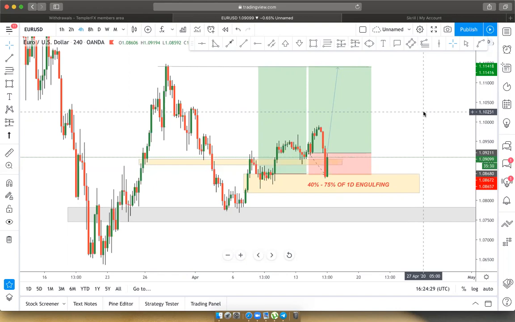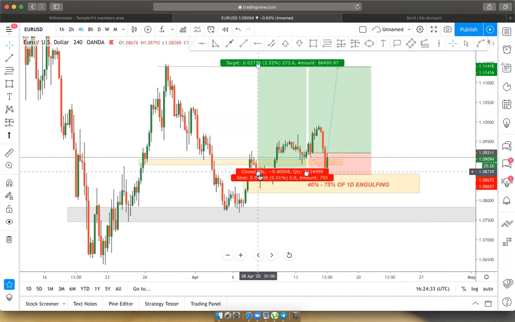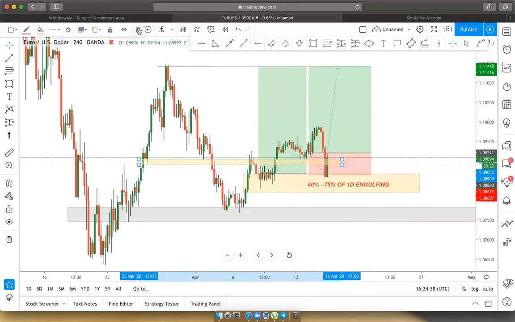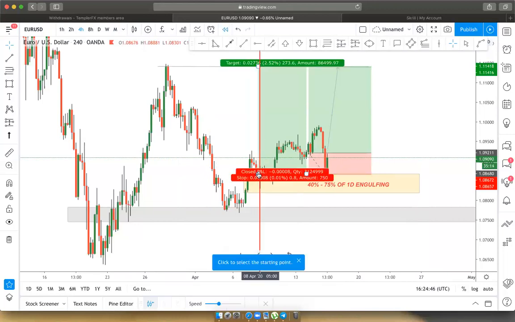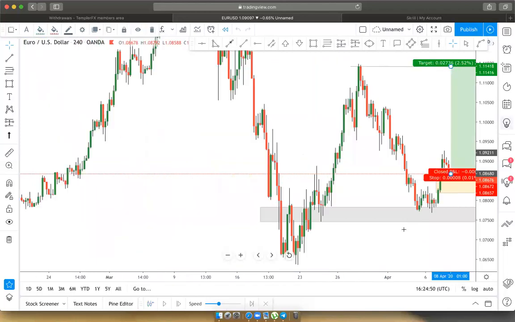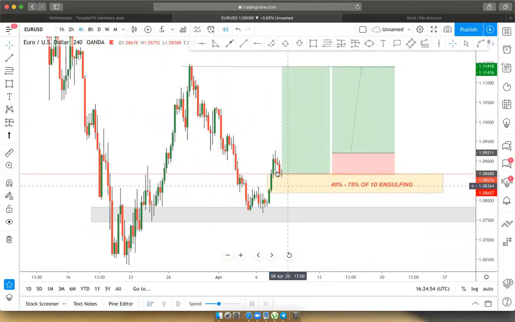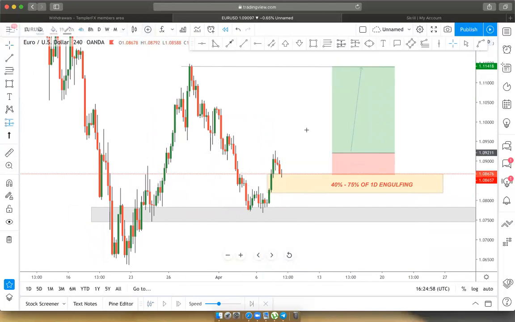So last week the setup was before this. Before this, we had the first setup, which was not here before. Let me remove the things. So when I shared it last week, our first entry was here.